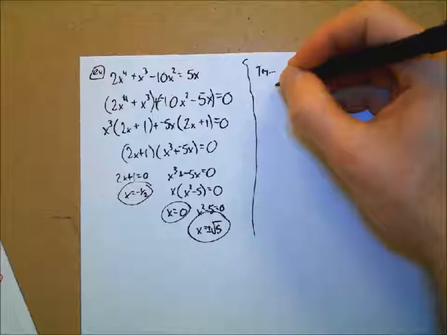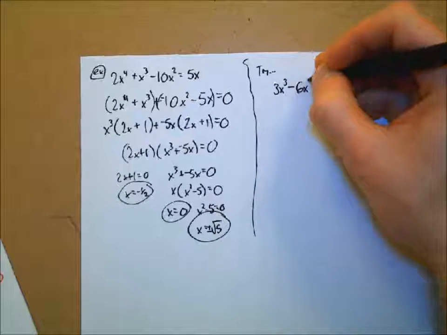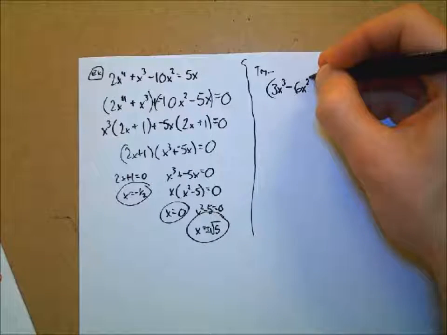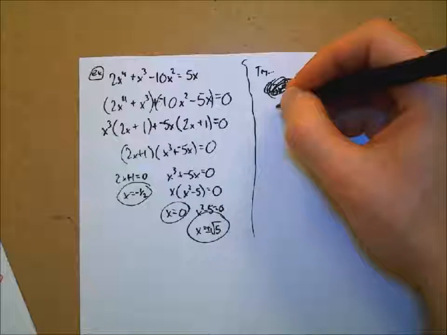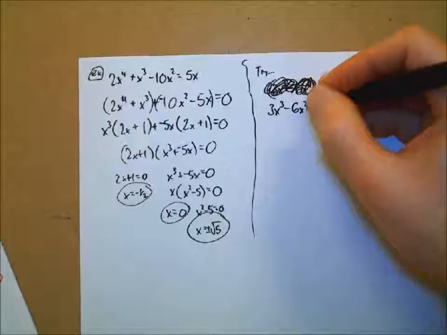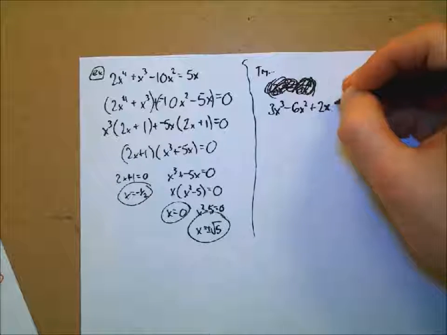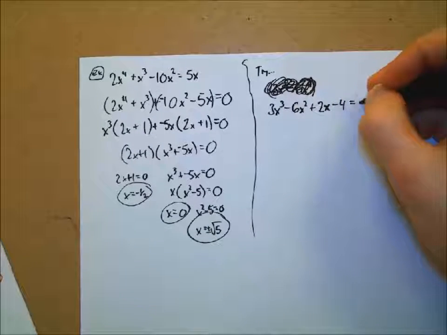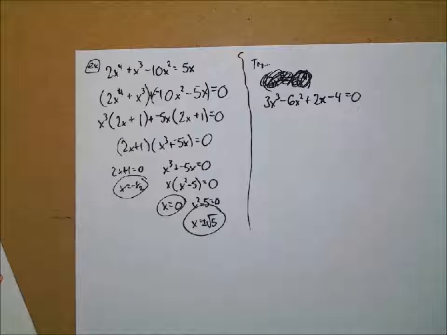Let's see here. 3x to the third minus 6x squared plus 2x minus 4 equals 0. Okay. Go ahead and give that one a try.